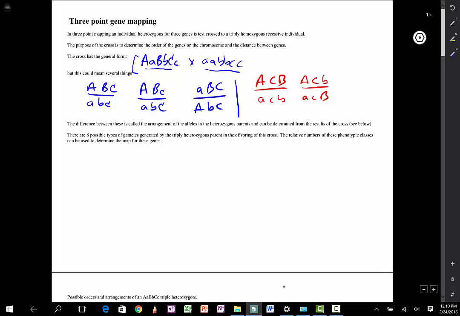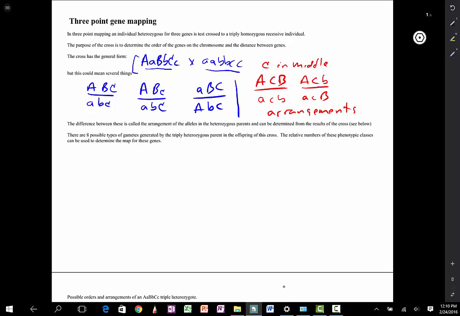So here we're saying C is in the middle. And we've got 2 possible different arrangements, so like coupling or repulsion arrangements. We've got some different ways that they can be arranged on the chromosome. So we got to figure that out.